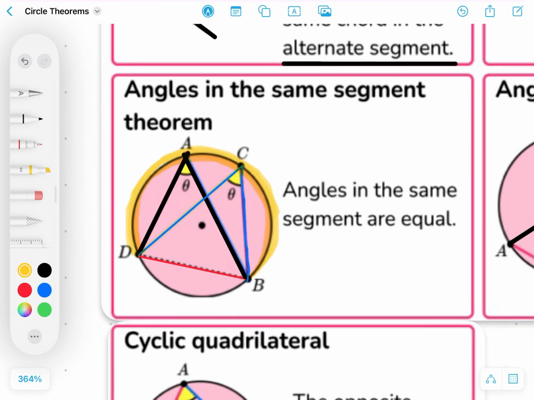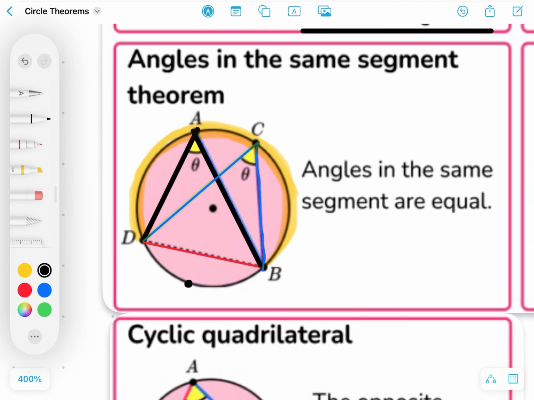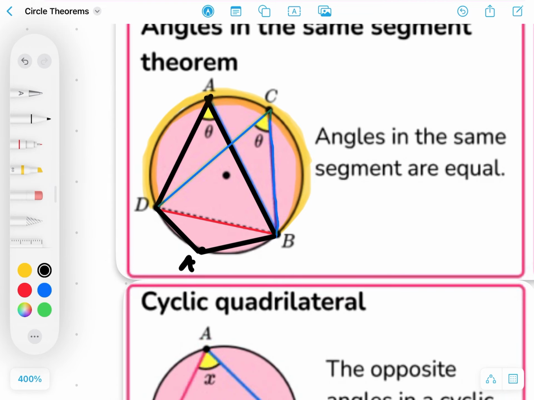So for example, if let's say A was here instead, then this theorem wouldn't hold true, because now A is on the minor arc DB. The minor arc is always smaller than the major arc.